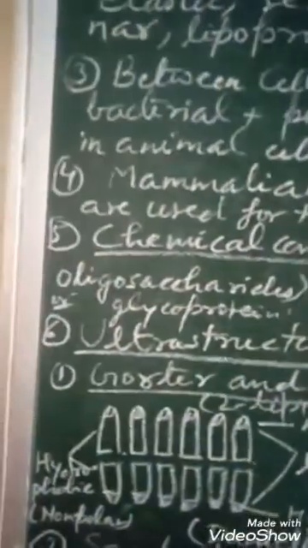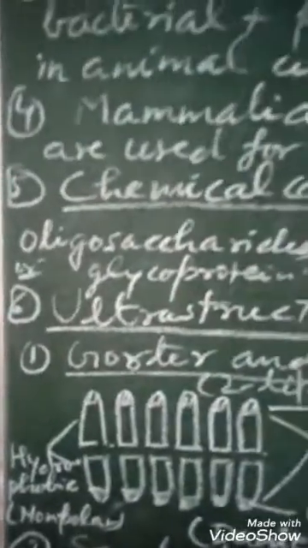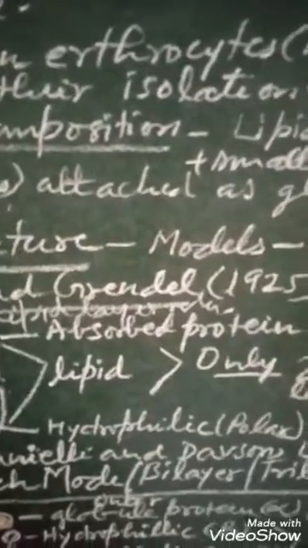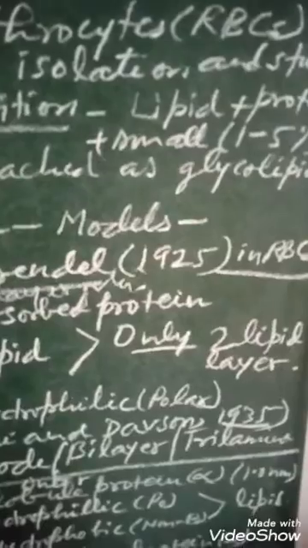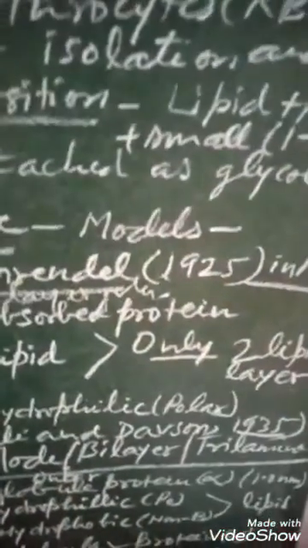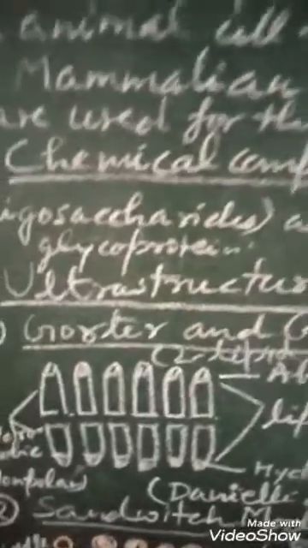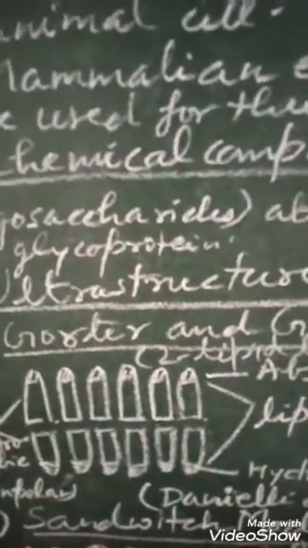The first model we have is the Gorter and Grendel model, which was proposed in 1925, and this was studied in mammalian RBCs. This model had only two lipid layers.